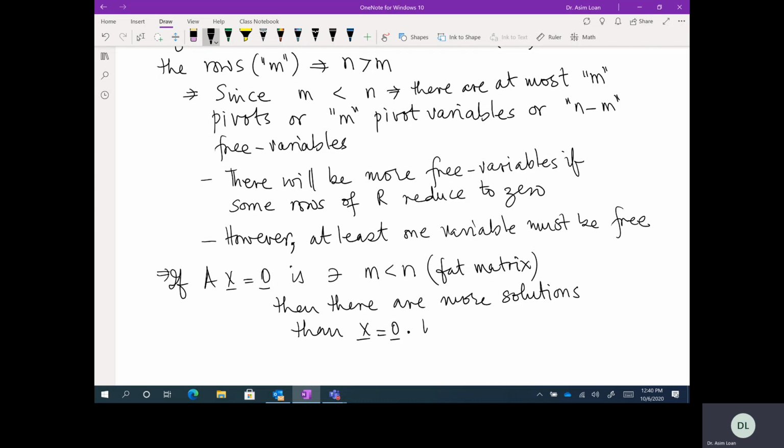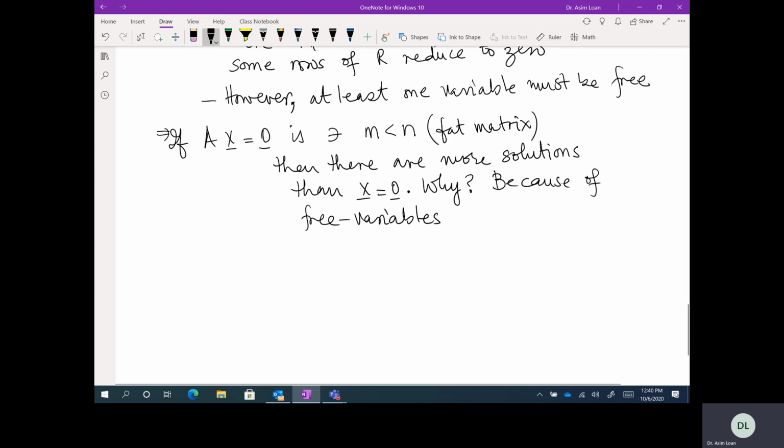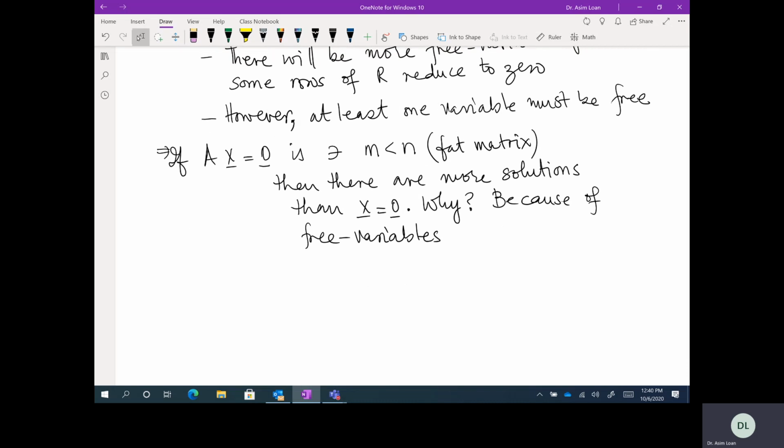Why? Because of free variables. Whenever you have free variables, you will have infinitely many solutions. That's the simple case.